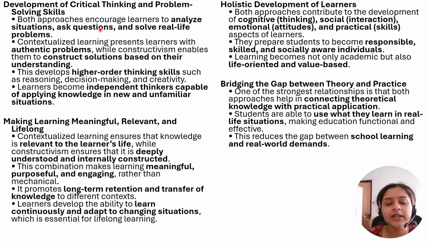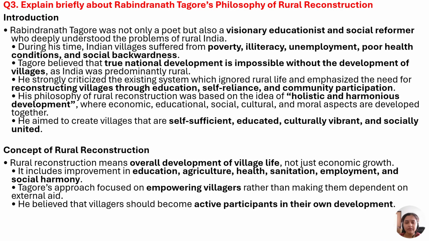Development of critical thinking and problem solving skills, making learning meaningful, relevant, and lifelong. So both of them help in lifelong learning. Then holistic development of learners, then it bridges the gap between theory and practice.